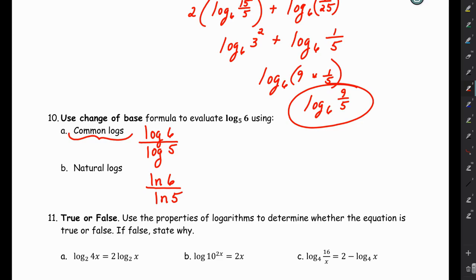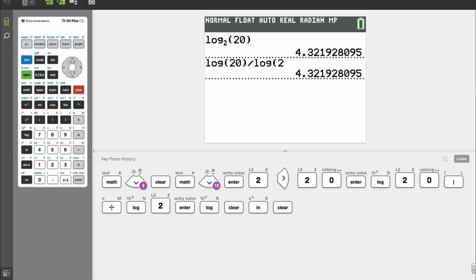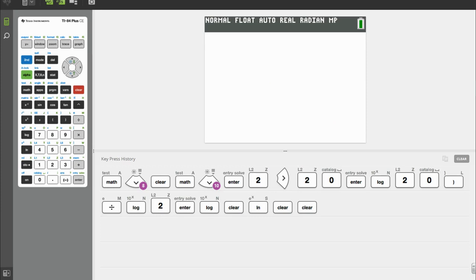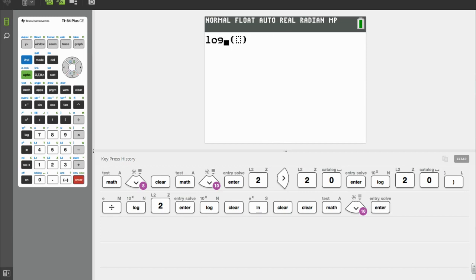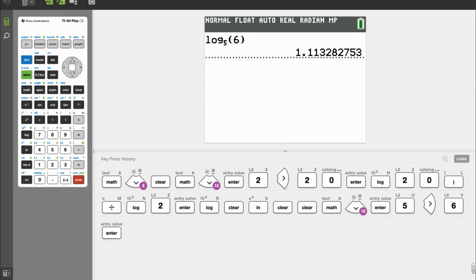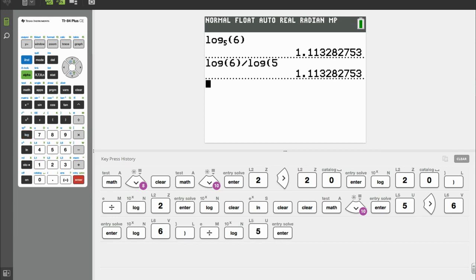We can put any of these into our calculator and we'll get the same value. Let me show you. All right, so we're going to go to math and use that feature of our calculator to start. And we're going to enter in log base 5 of 6. Now we could also put in log base 10 of 6 divided by log base 10 of 5. We'll get the same answer.